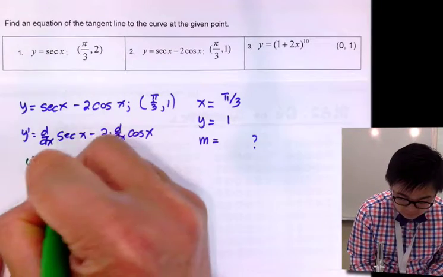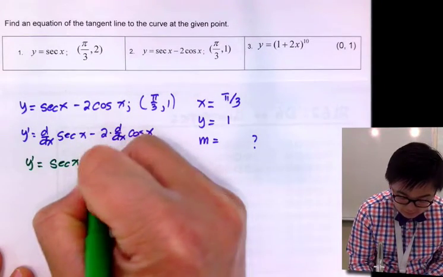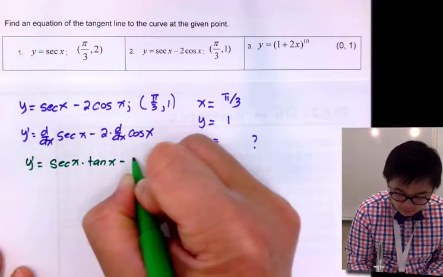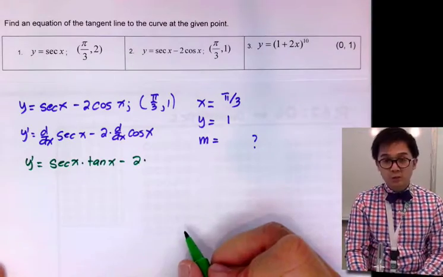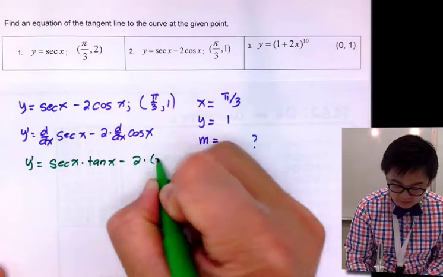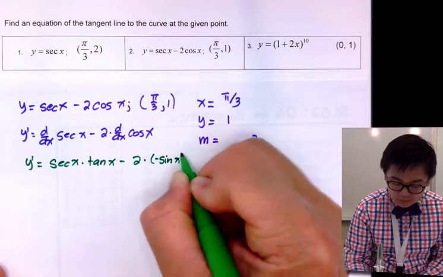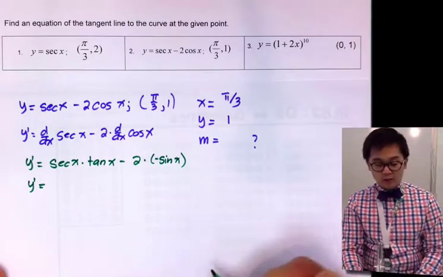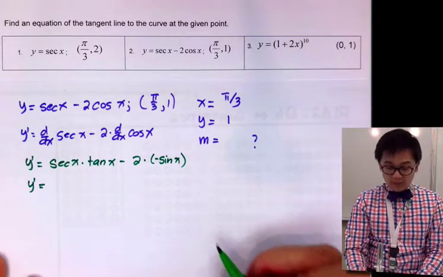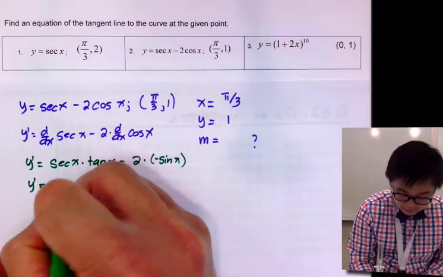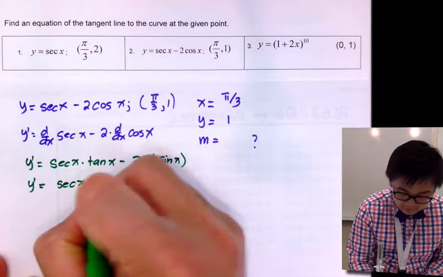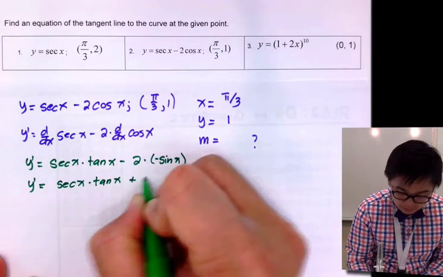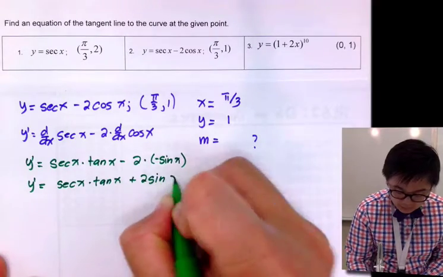So this is simply secant x times tangent x minus 2 times the derivative of cosine x, which is negative sine x. So you need to know your rules very well to be able to differentiate trig functions. Now by simplifying our derivative function, we'll have secant x times tangent x plus 2 sine x.